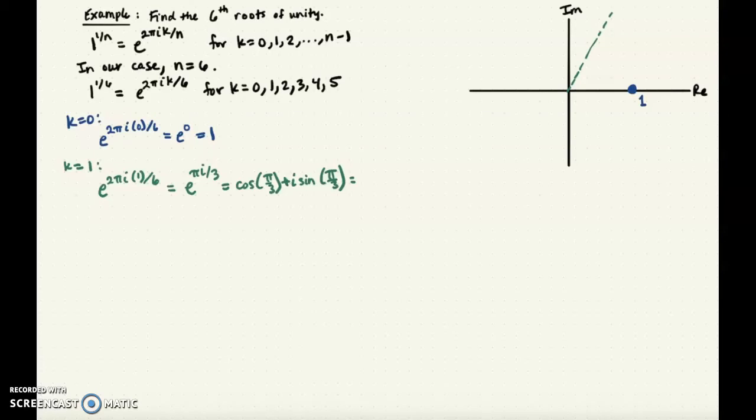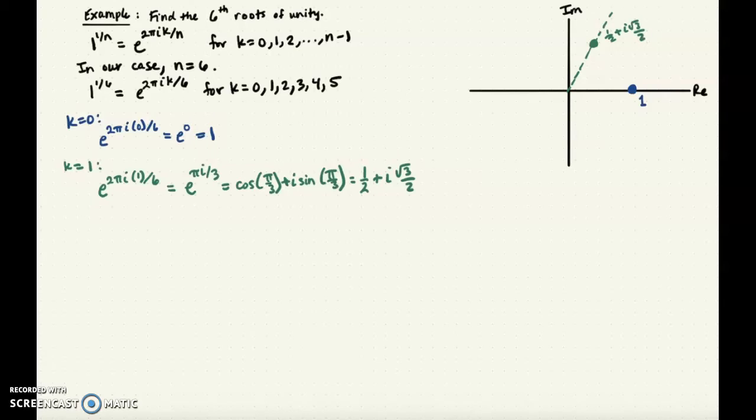So cosine of pi over 3 is 1/2 plus i times sine of pi over 3, which is root 3 over 2. If we go 1/2 in the positive horizontal direction and root 3 over 2 in the positive vertical direction, we would end up at this point here. So this is the point 1/2 plus i root 3 over 2.